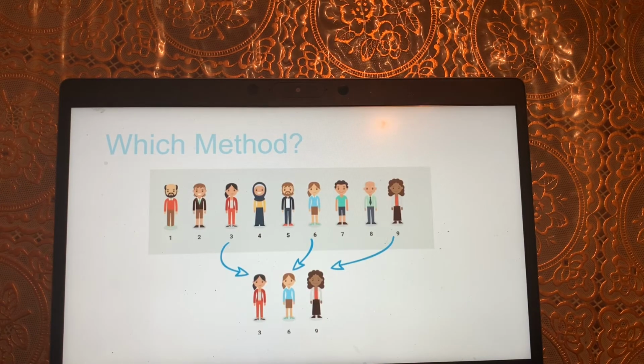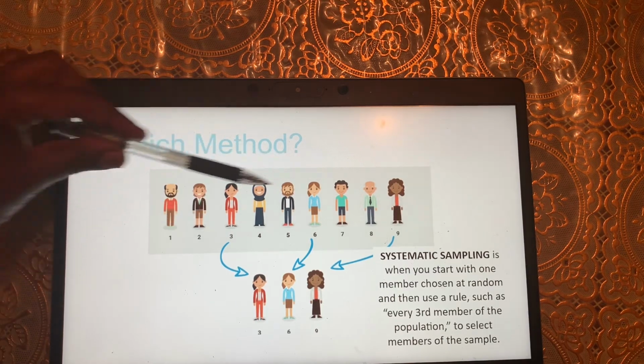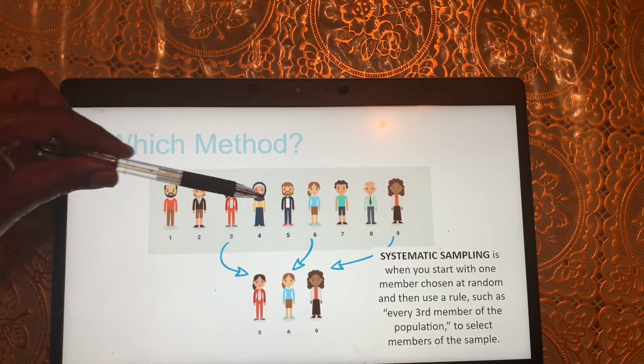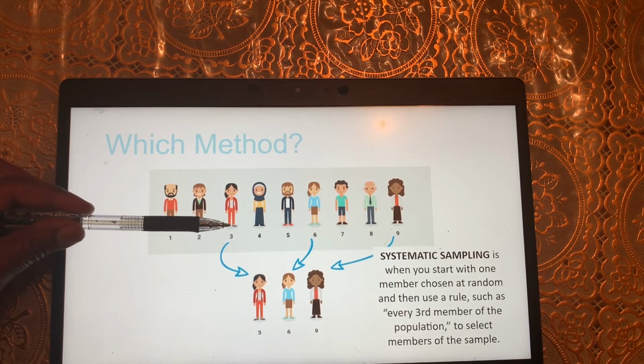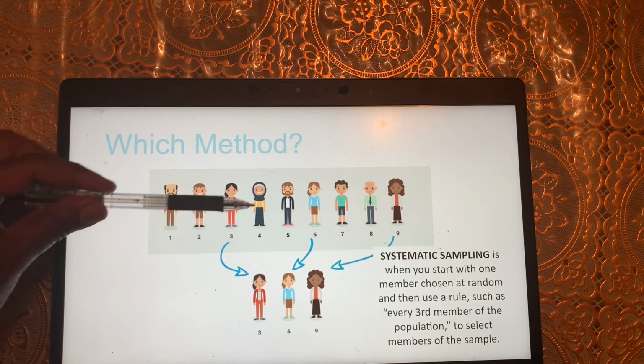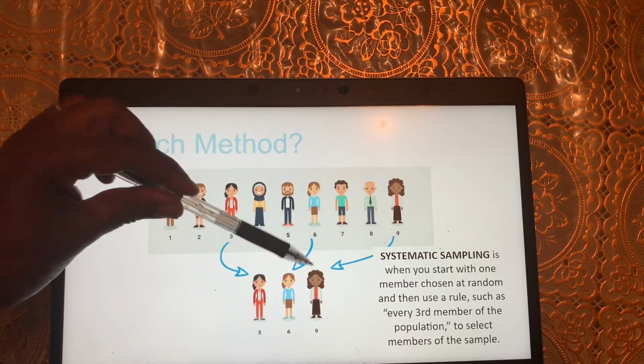The other one is systematic sampling. In this sampling, you start with one member chosen at random and then use a rule. For instance, the rule might be every third member of the population is selected for the sample. If there are hundreds or thousands in the population, I decide to pick every third person: number 3 will be taken, number 6, number 9, and so on.